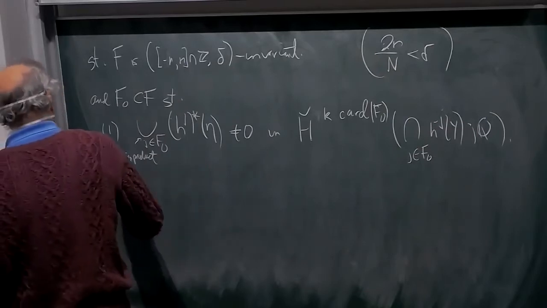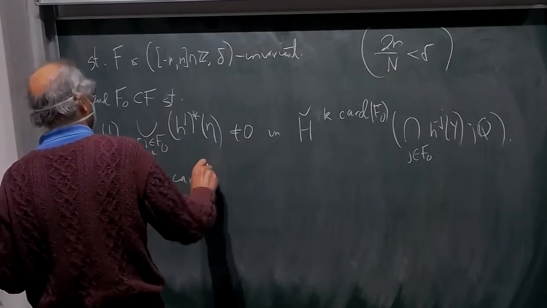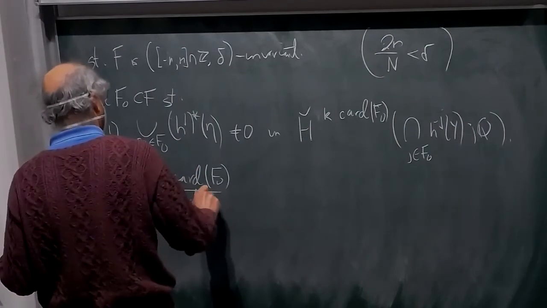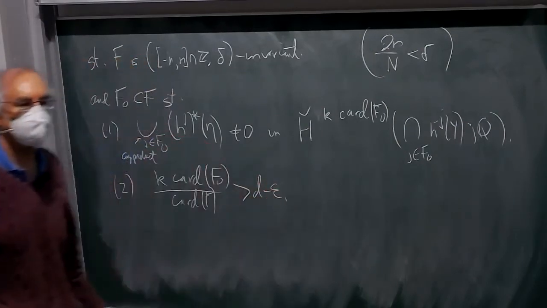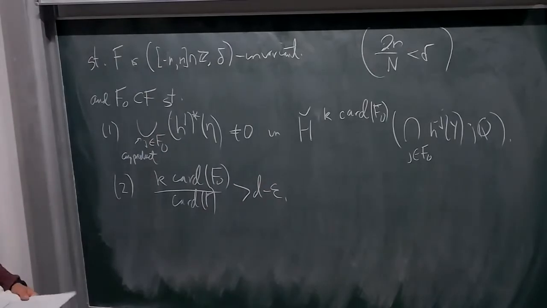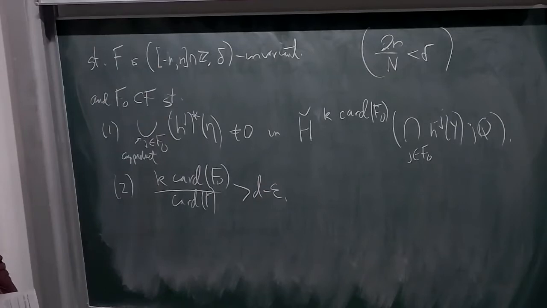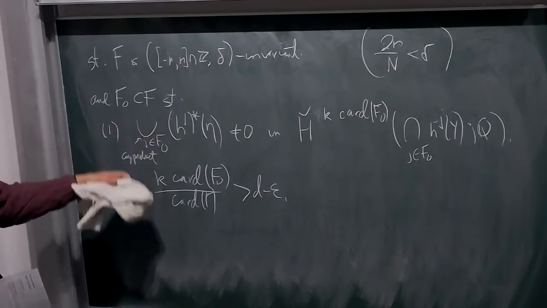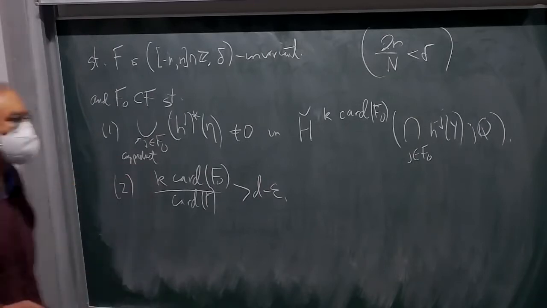And k times the cardinality of F0 divided by the cardinality of F is bigger than D minus epsilon. So F0 is supposed to be large. And having the K there makes sure I get the dimension rather than dimension divided by K. It is a kind of normalization.